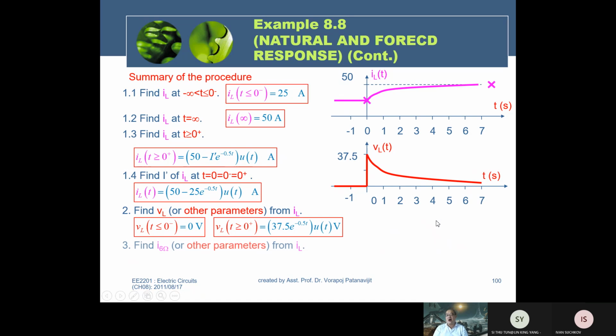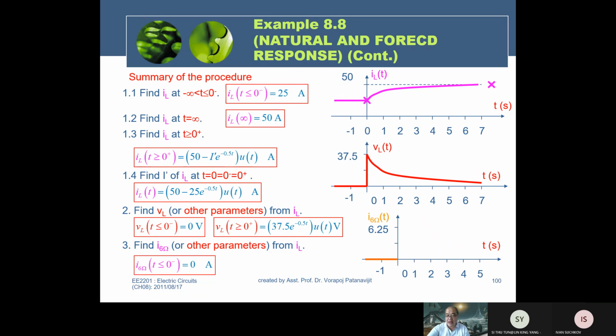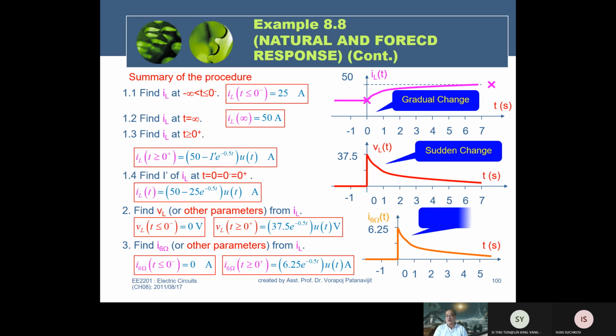And for I6 ohm, the current flowing in the 6 ohm part, for time less than 0 it equals 0, and for time greater than 0 it jumps to 6.25 amp and gradually drops to 0. You can see that in this question you computed IL, VL, and I6 ohm.